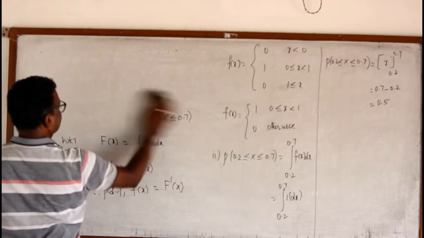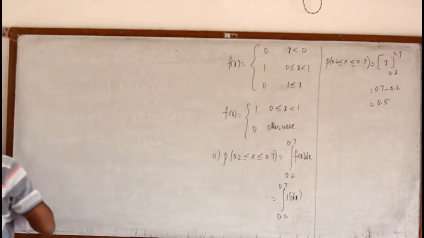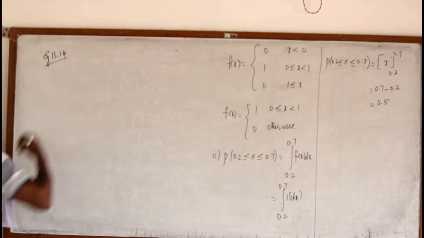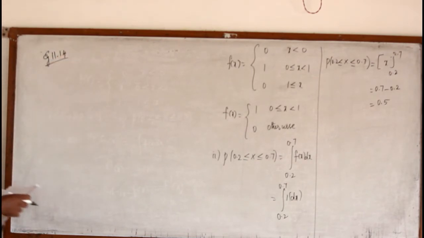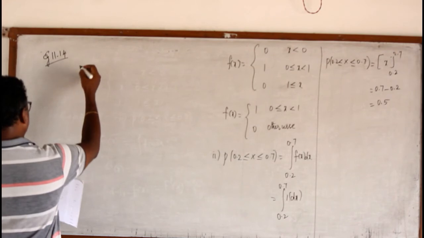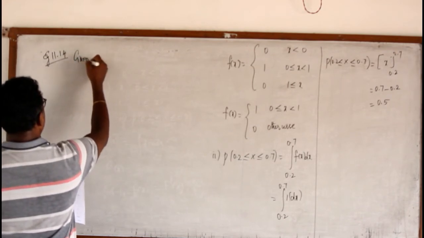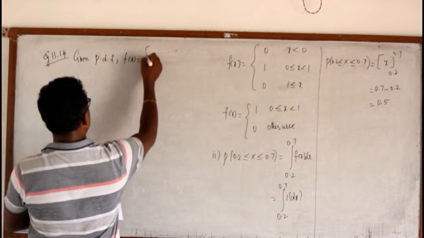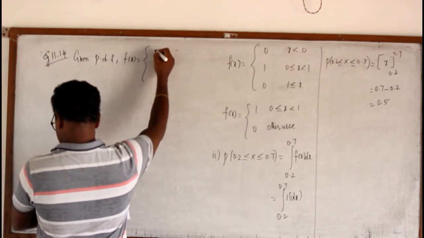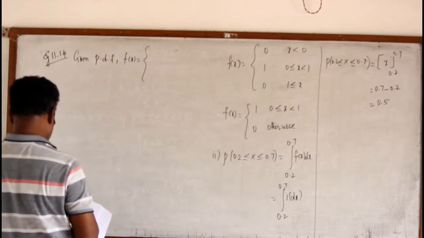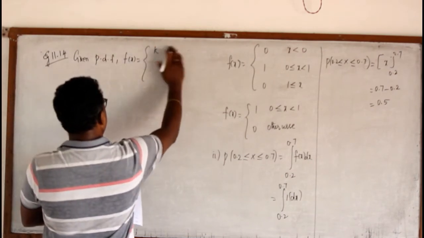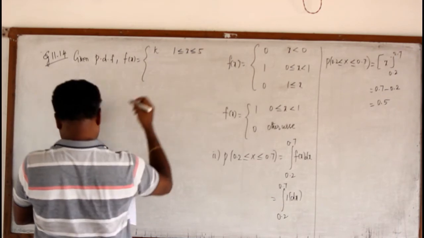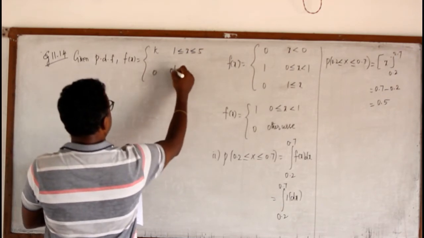A similar model. Example 11.14. Given PDF is f of x equal to k for 1 less than or equal to x less than or equal to 5, 0 otherwise.